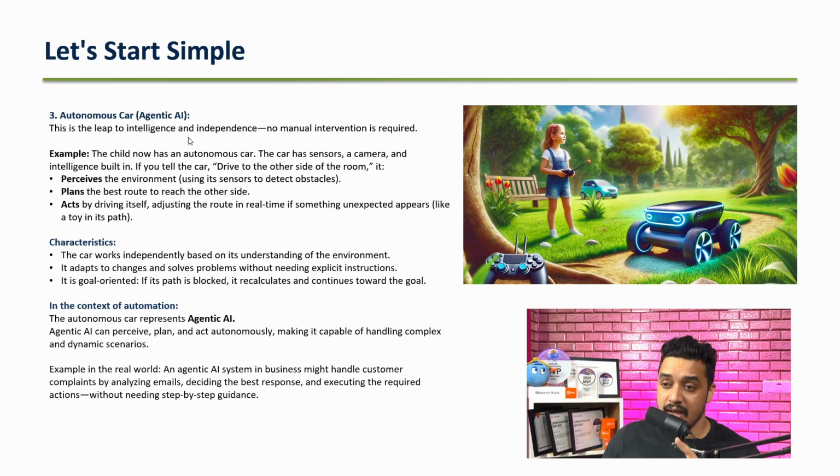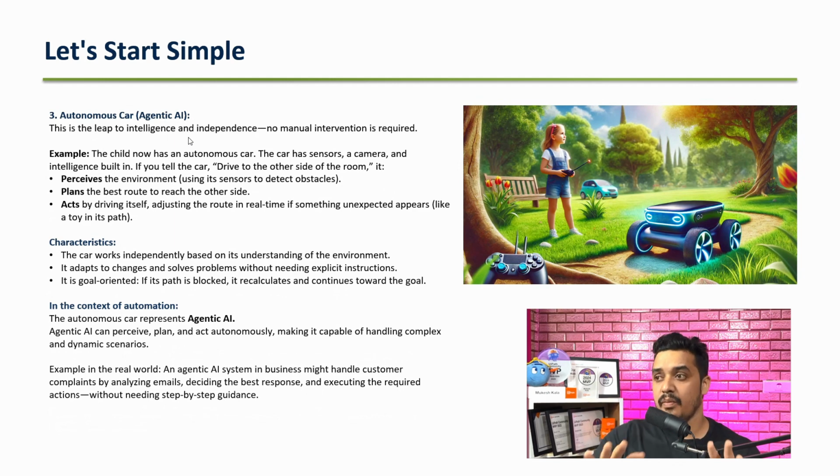An example is an agentic AI built into a business system that handles consumer complaints by analyzing the email, deciding the best response, and then deciding what next action to take. Without much guidance, it can do all those things. So in simple terms, agentic AI can perceive, it can plan and it can act.